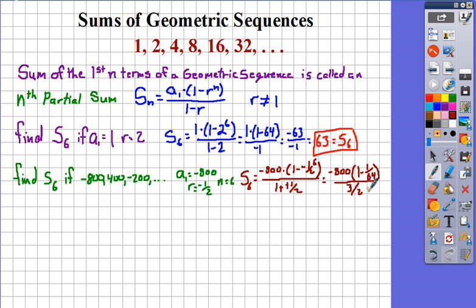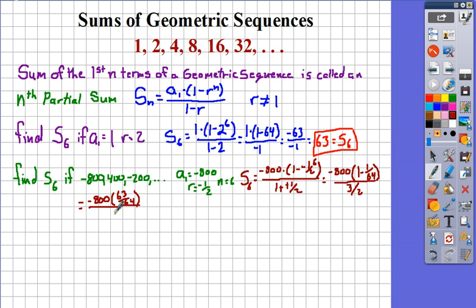Okay, let's keep simplifying over here. We still have our negative 800 times 1 minus 1/64, which is going to leave us with 63/64, all that divided by our 3/2.